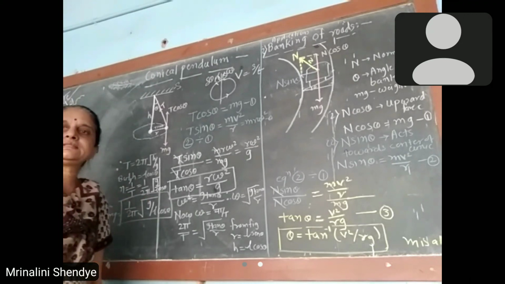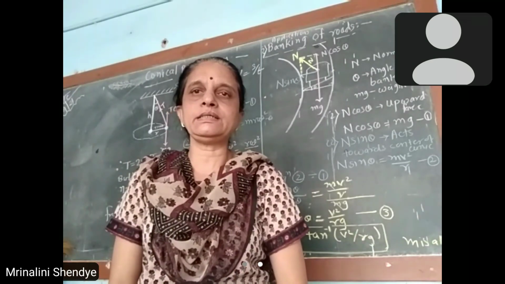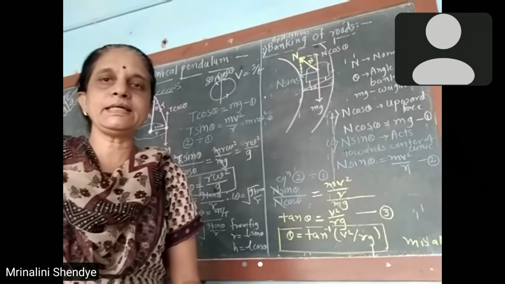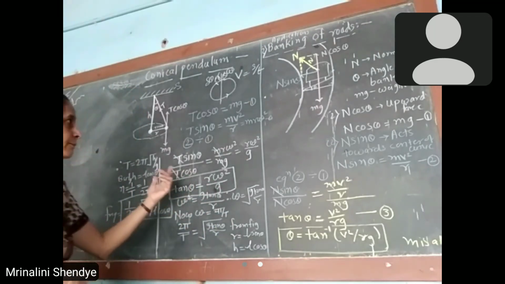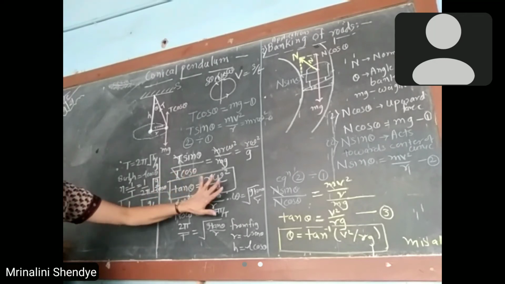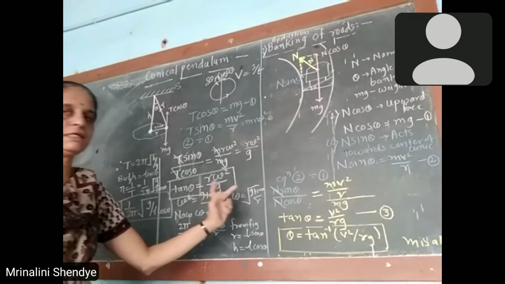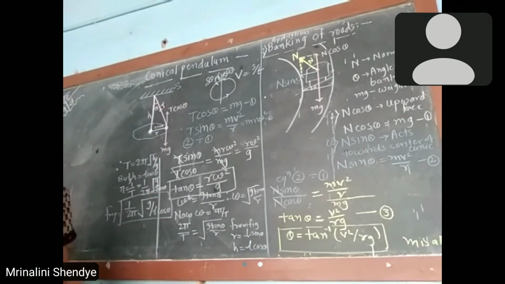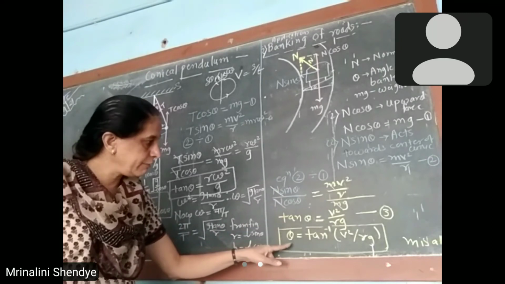I have taken them in a combined way so that we can see the derivations in a very simple way. You can remember both these derivations properly, so that we can find the required derivation.